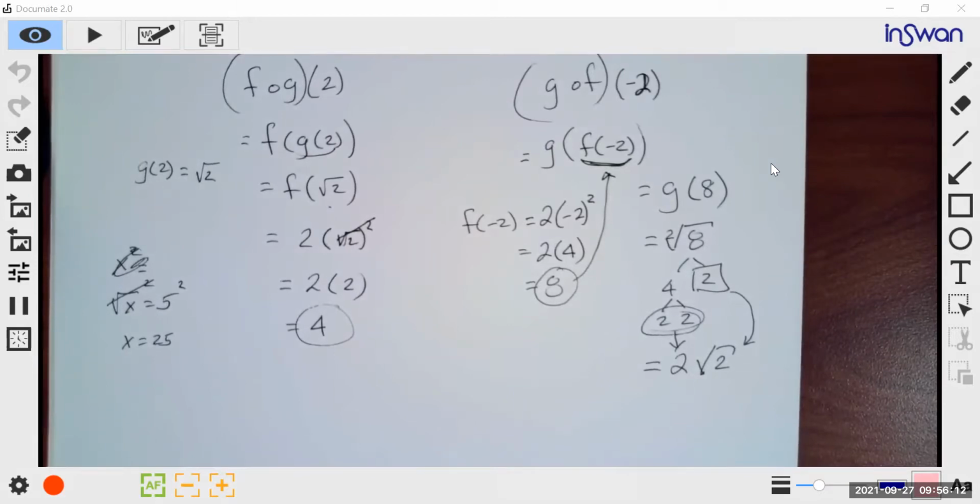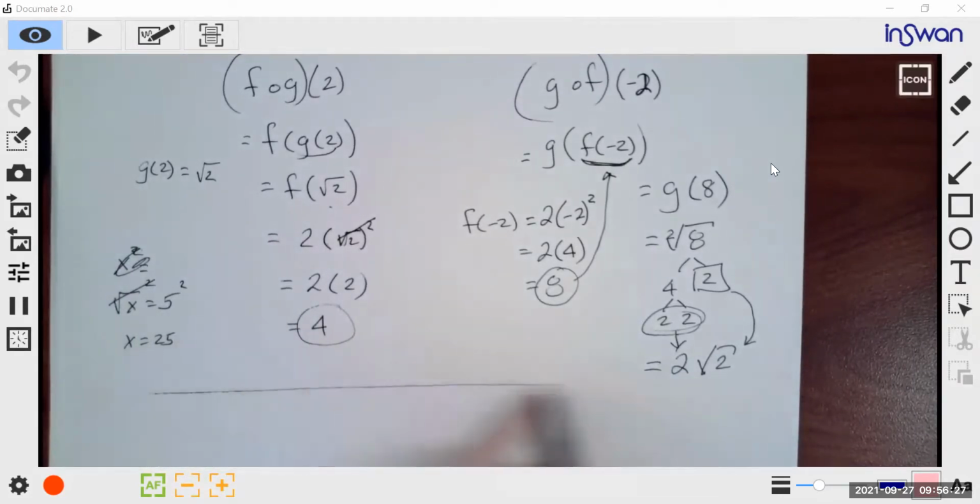So that's composite functions. Composite functions are functions within functions. What do you think the opposite direction is?